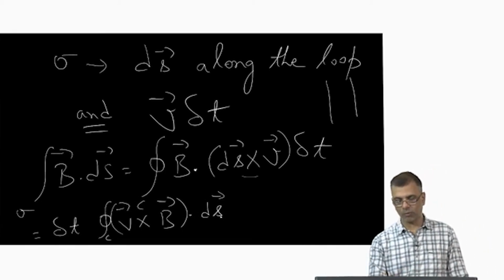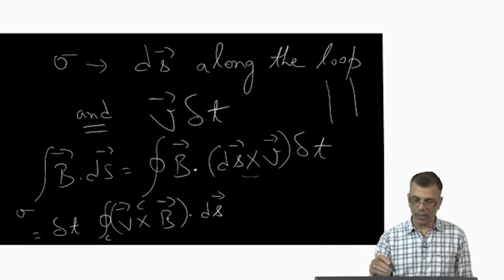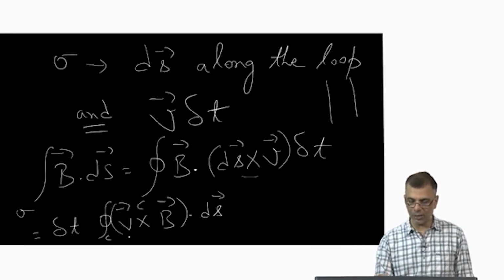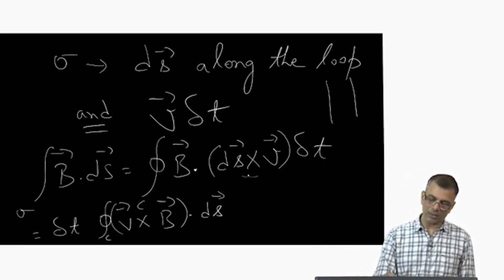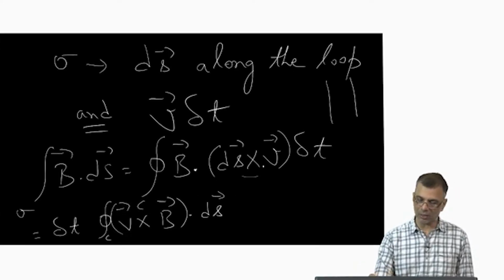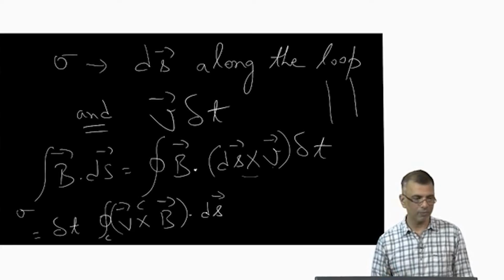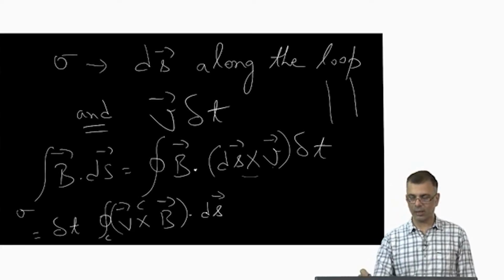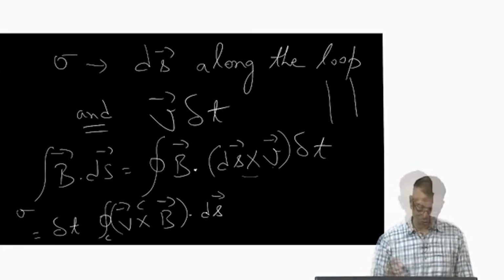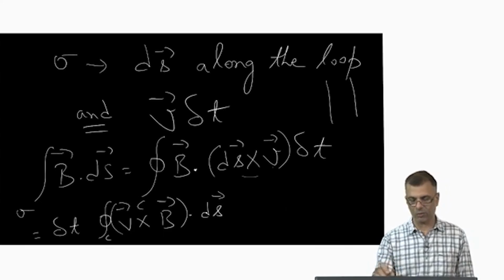And this comes from the vector algebra identity A dot B cross C, and this is C cross A dot B, and this delta t simply comes outside. You should try to figure out why this is true.